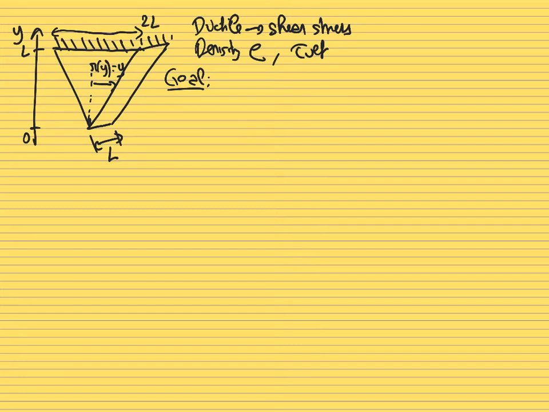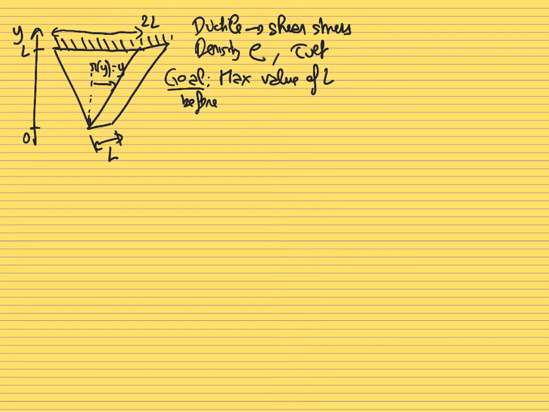The goal of the problem is to find what is the maximum value of L, so the length of this member, what is the maximum length of this member before it breaks. So if this member is very small, then its weight is going to be very small, so the stress is going to be very small, so this material is not going to break.